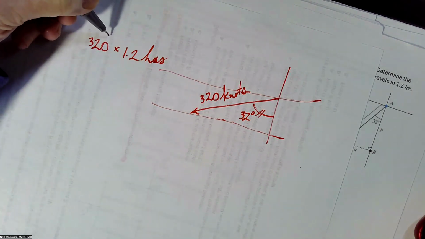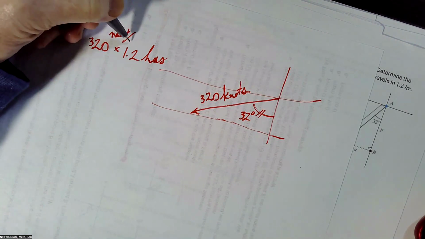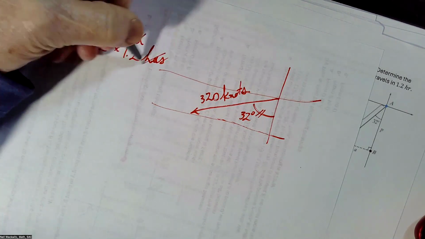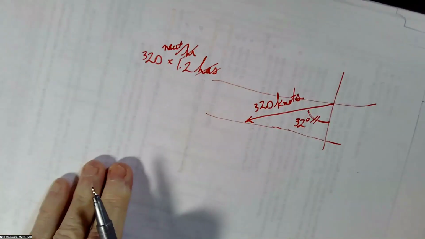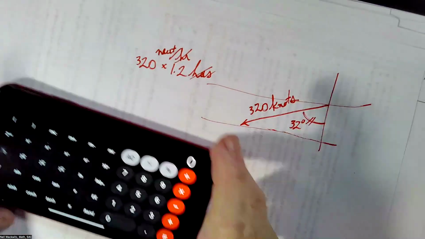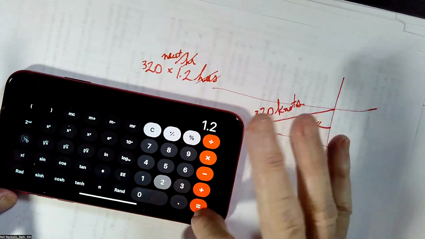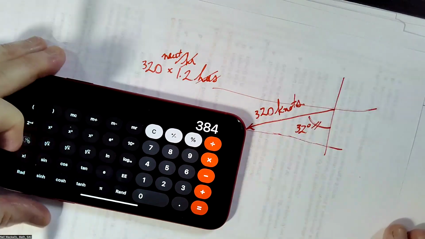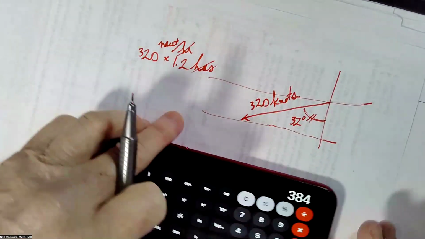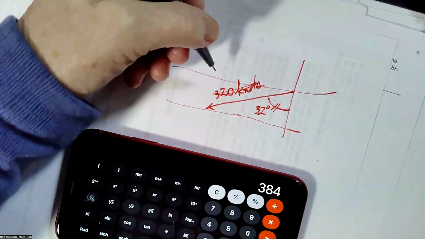The hours divide out and we get 320 times 1.2, which is 384 nautical miles for our hypotenuse.